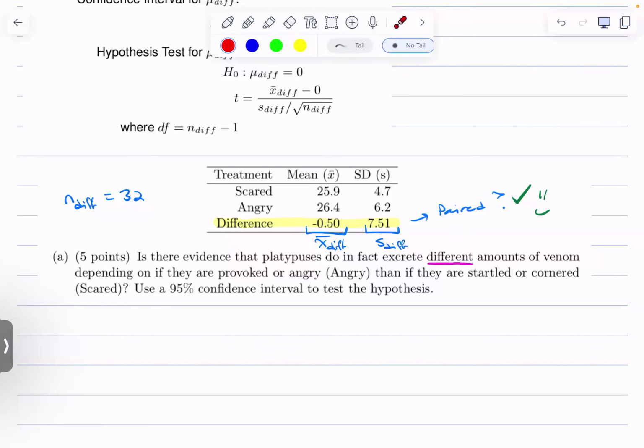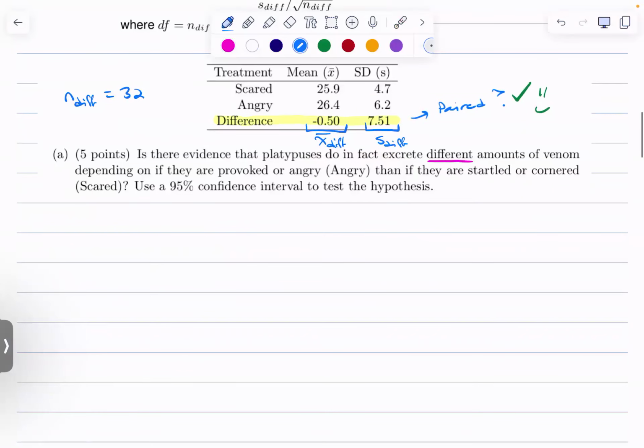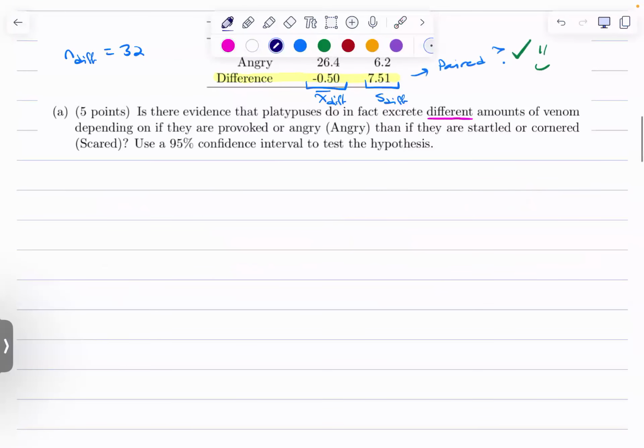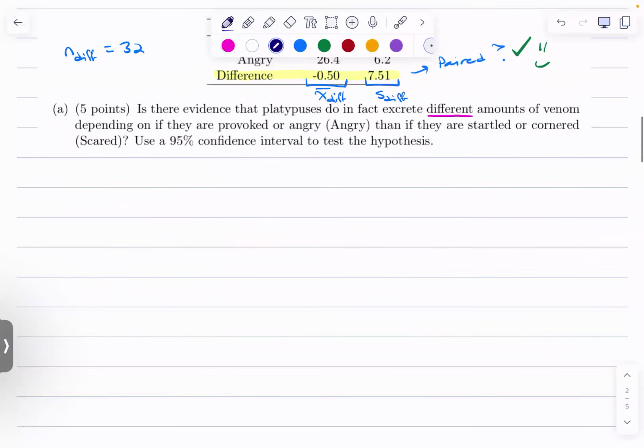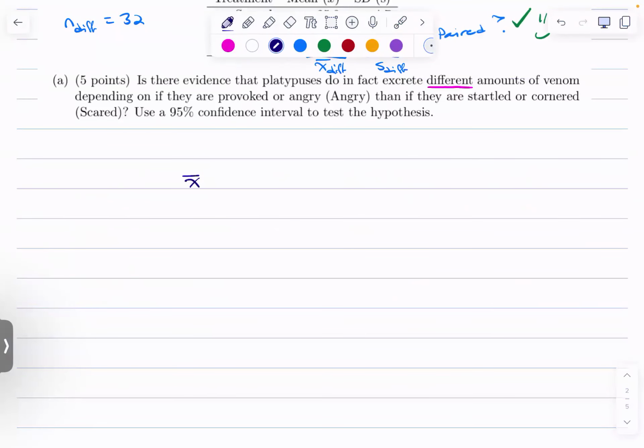All right, let's make a 95% confidence interval. From your formula sheet, you have X bar diff plus minus T star times S diff divided by the square root of N diff.